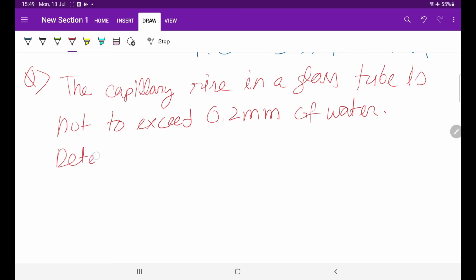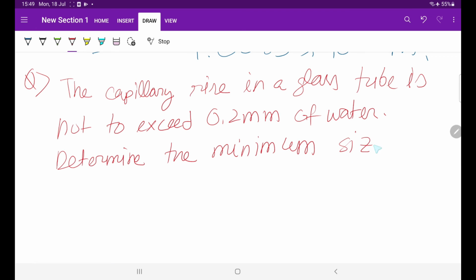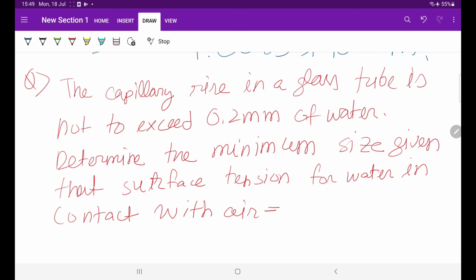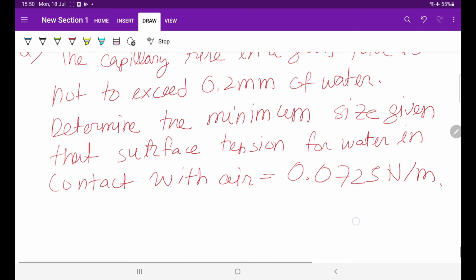Then you need to determine the minimum size of the tube, given that the surface tension for water in contact with air is equal to 0.0725 Newton per meter.